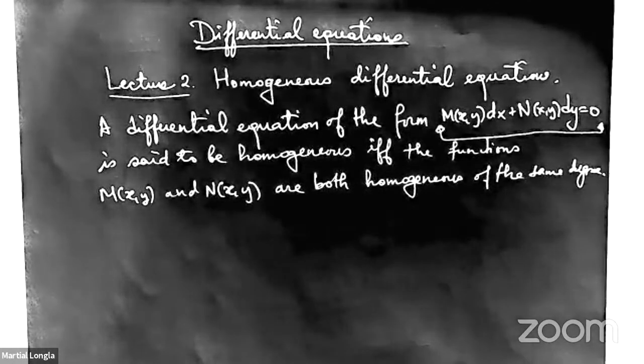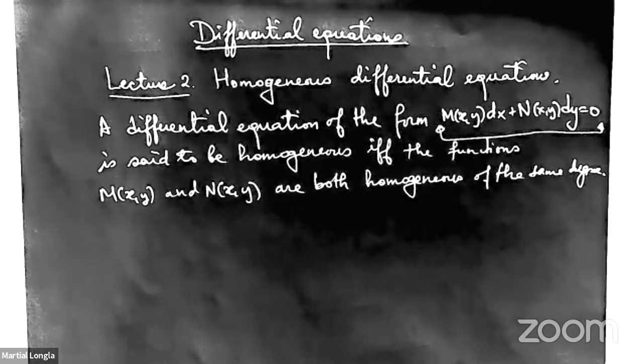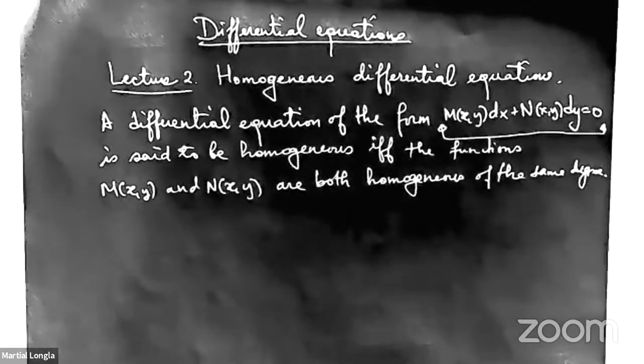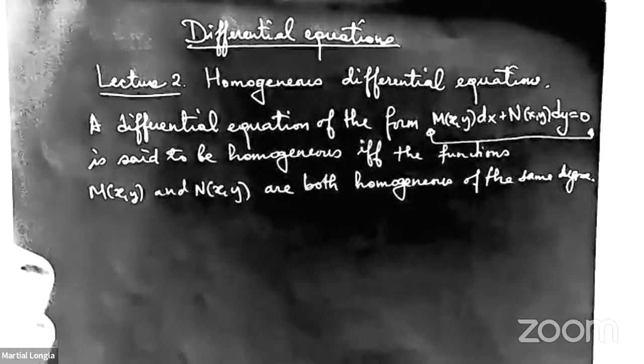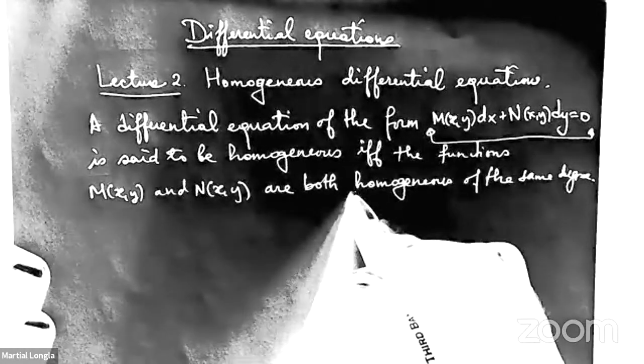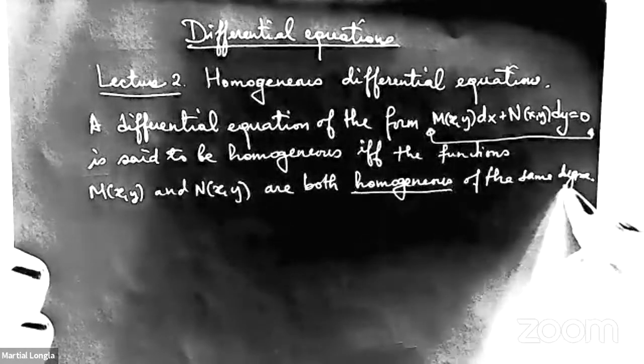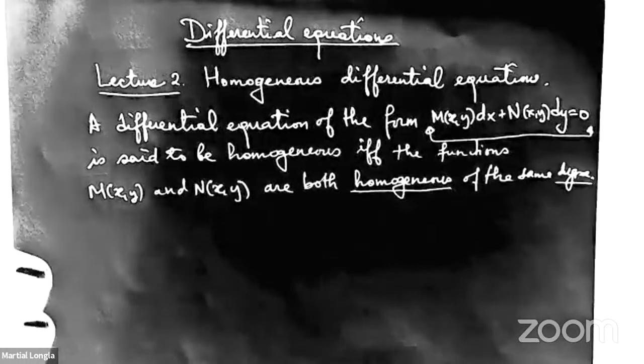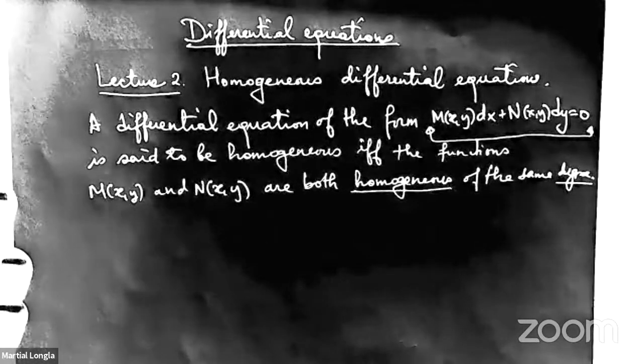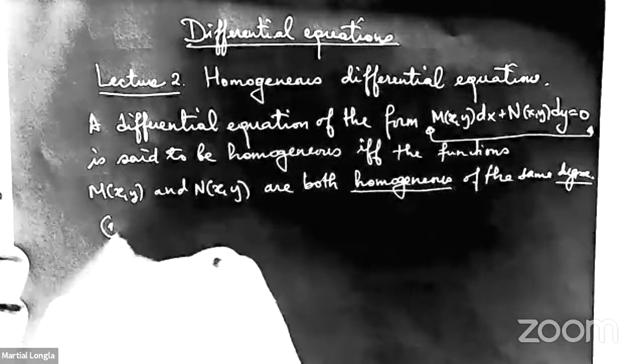So a differential equation of the form M(x,y) dx + N(x,y) dy = 0 is said to be homogeneous if and only if the functions M and N are both homogeneous of the same degree. In this definition, there are two things that are very important: homogeneous and degree. We don't know yet what those things are, and that's why we are going to define those here.